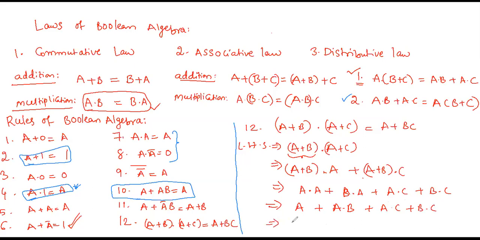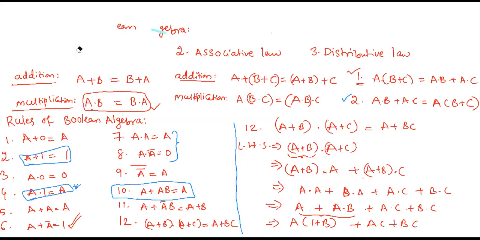Now take A common, 1 plus B from the first two terms, then it is AC plus BC. Now 1 plus B is nothing but 1 only.